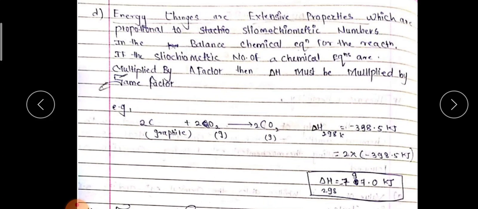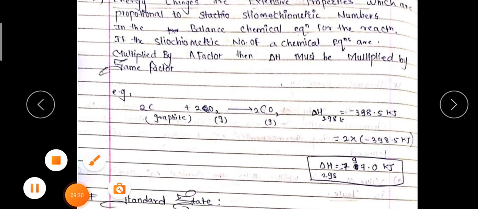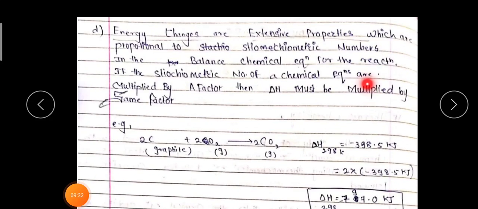Here 2C graphite plus 2O2 gaseous gives you twice CO2 gaseous. Delta H at 298 Kelvin is equal to minus 398.5 kilojoule. You have to multiply this delta H by 2 so as to get the enthalpy change for this whole reaction. This is about that particular thermochemistry.